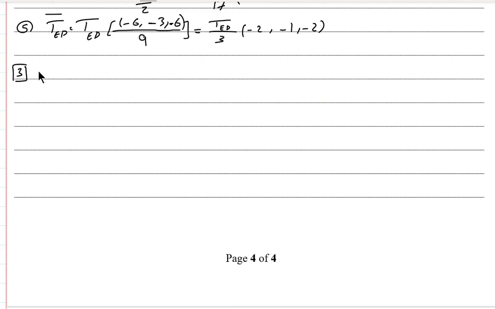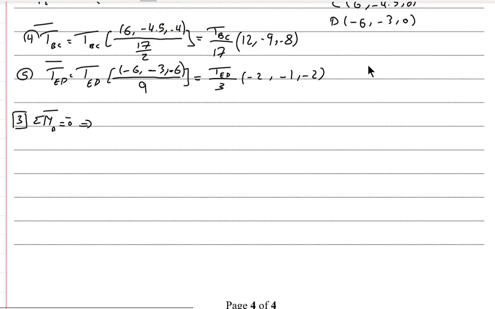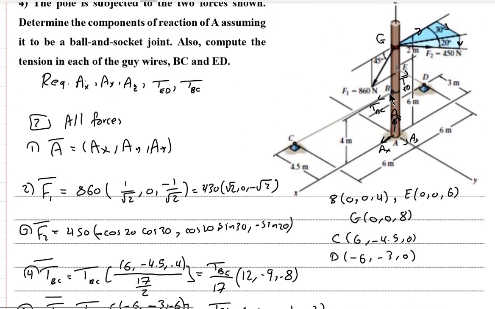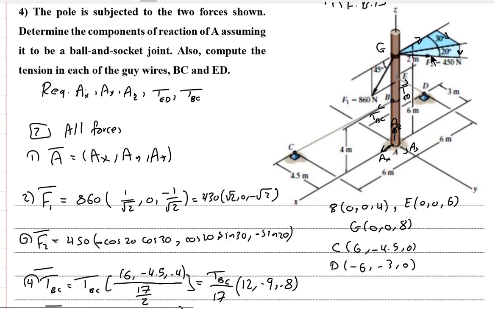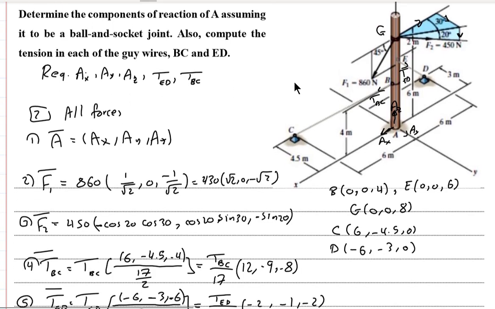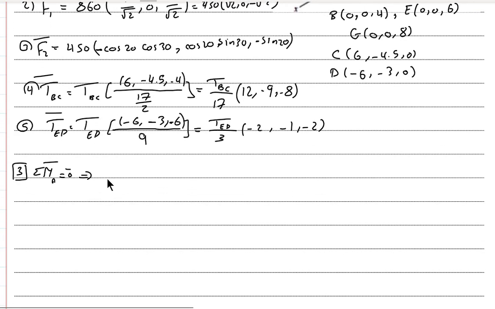Then we can go to the third part, which is sigma moment about the ball and socket joint to be the 0 vector. In this case, we want to get the moments of the first tension here at B, the second tension at E, and we can collect these two forces in just one force because they have the same start point G. So we can get three determinants.